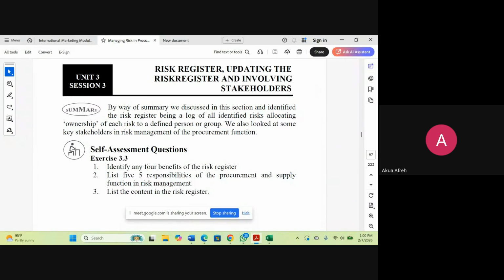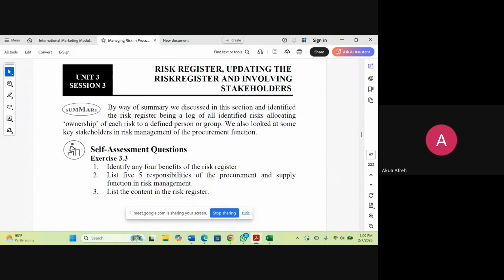Because for us to reduce late deliveries, what can we do? The supplier needs to improve their planning, and the buyer needs to improve their forecasting. So it's not just about the supplier, neither is it just about the buyers, but both of us have work to do when it comes to this risk mitigation.